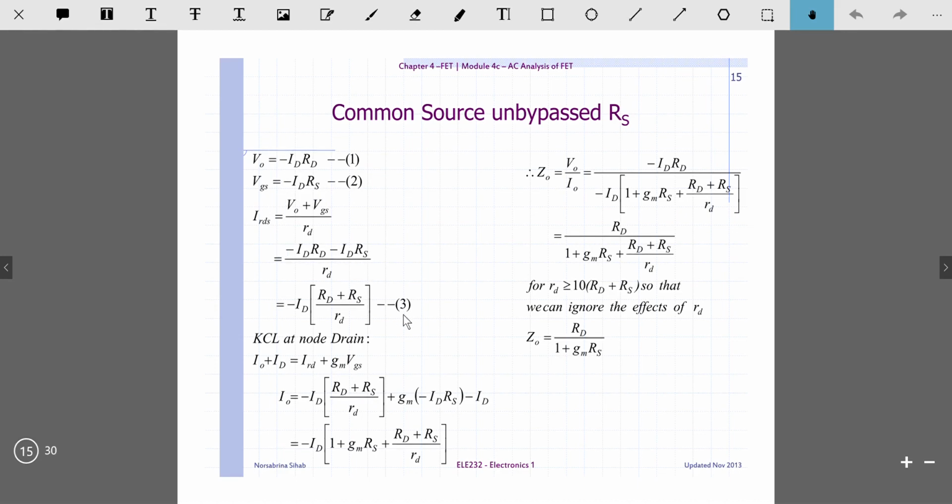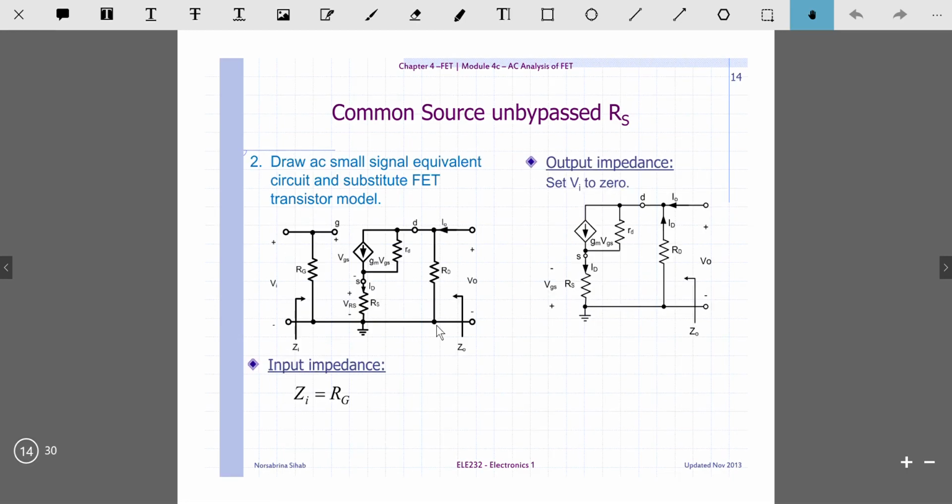Now we look at the voltage here at the small letter rd. The voltage here is actually the difference in voltage between this point and this point. This node is actually the output node and this is the source node.